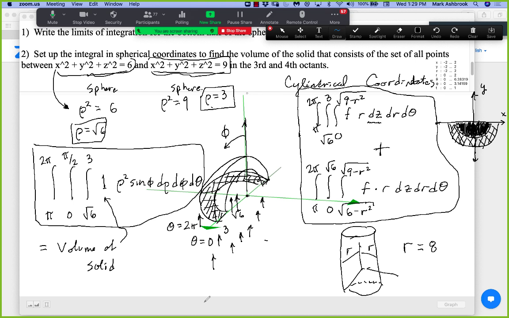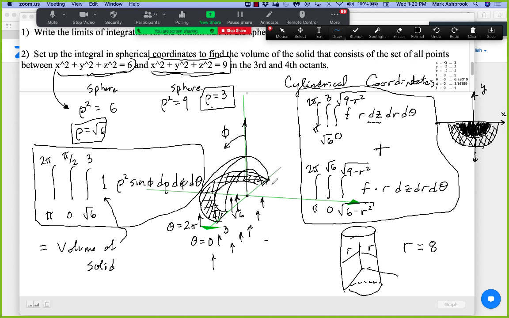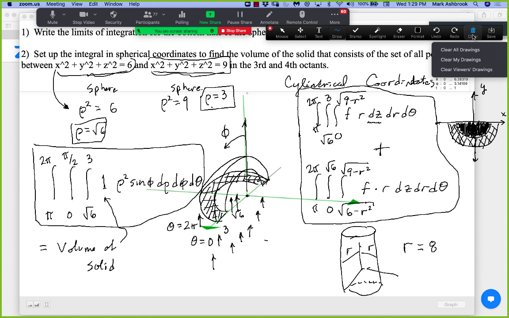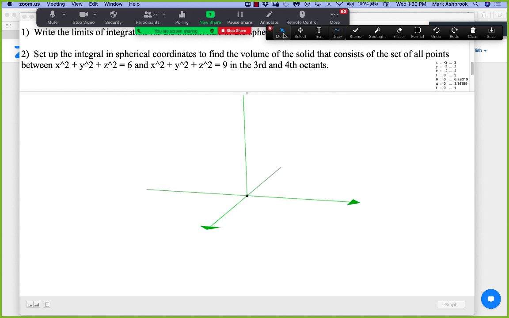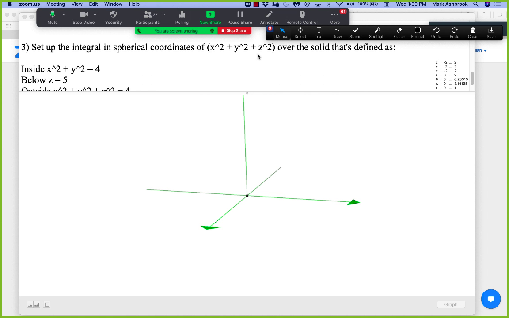Okay, other questions? Got one more good example here. Do the limits for cylindrical coordinates make sense on this solid here? Okay, here we go. So now we want to set up the integral in spherical coordinates.